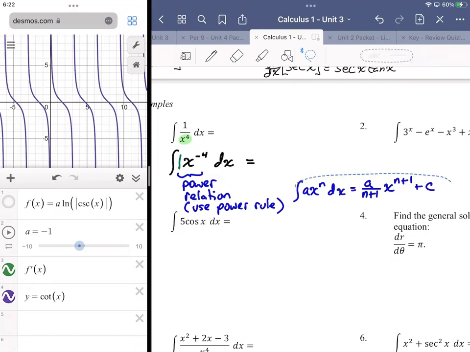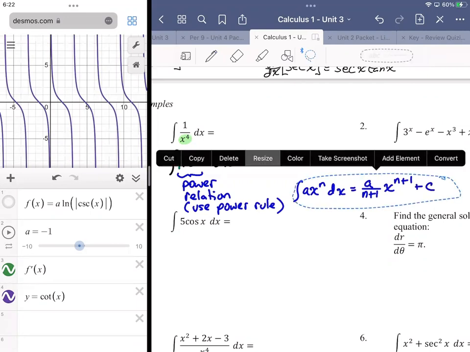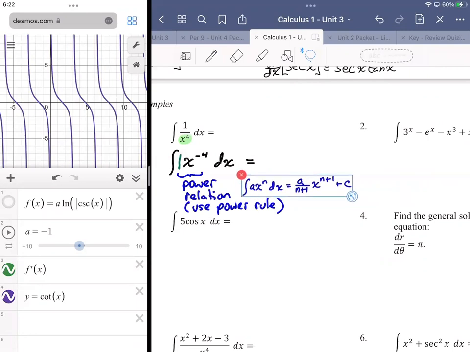This variation of that power rule allows for a coefficient other than 1. So there's a benefit to that.